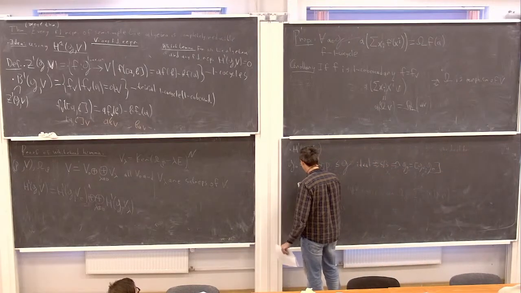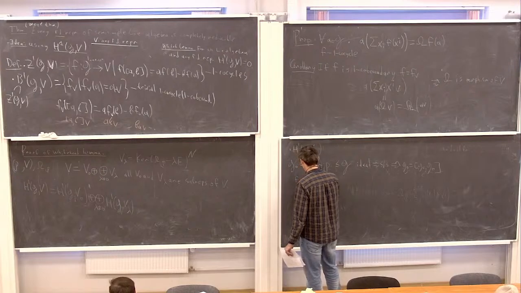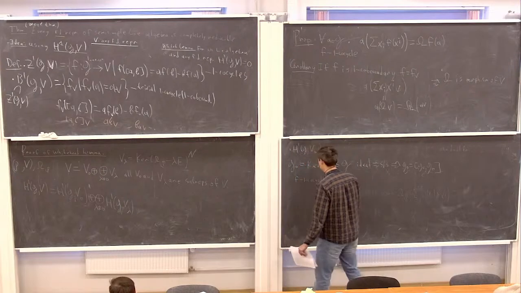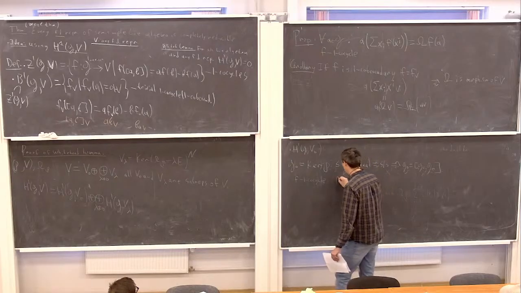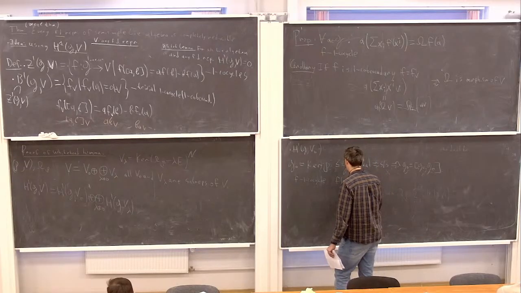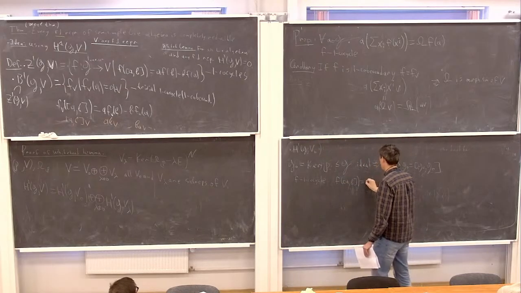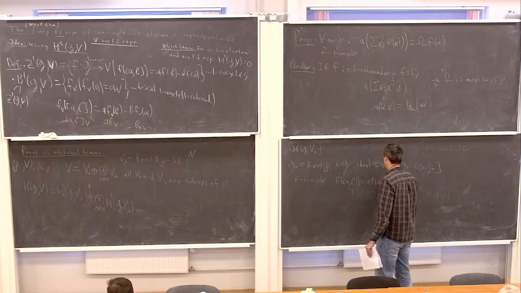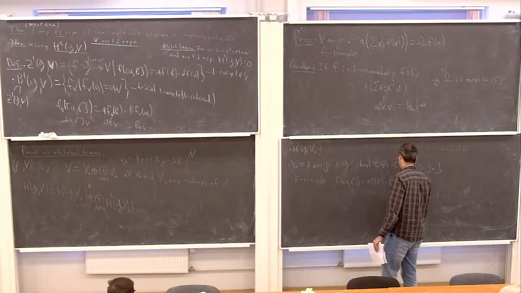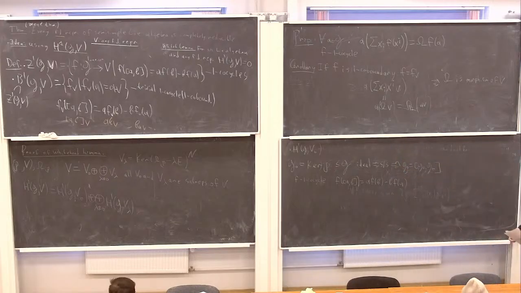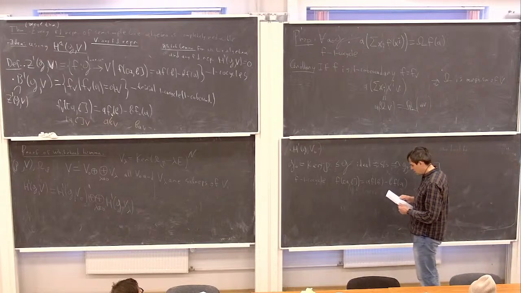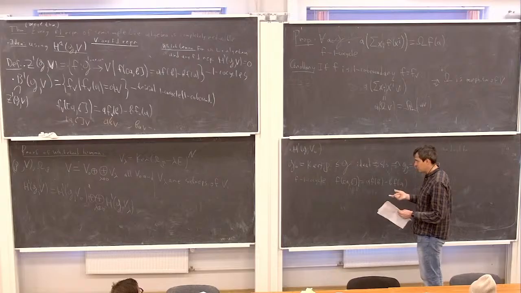If you have a one cocycle f, then we have that f of AB, let's recall the definition, is A f of B minus B f of A. Because rho is a homomorphism of Lie algebras.